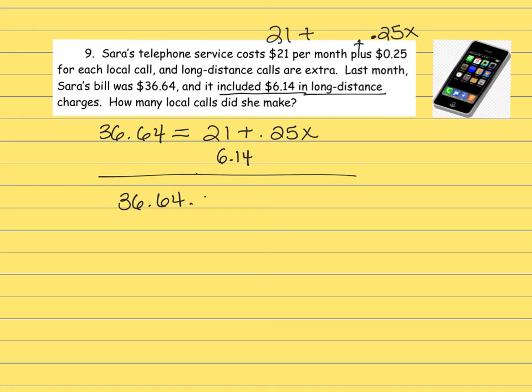So $36.64 is equal to $27.14 plus the 25 cent times local calls. How many local calls did she make? That's the same thing as solving for X. So I'm going to solve this equation.